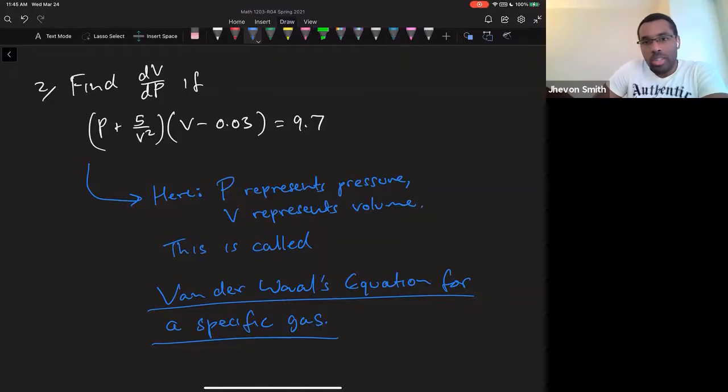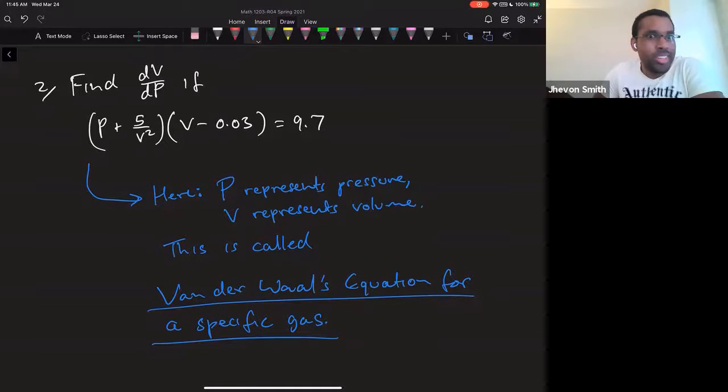So this is van der Waals equation for a specific gas. And at the end of the day, I want to know dV/dP. In other words, if I were to change the pressure of the gas, how fast would the volume change in response? So if I change the pressure from 1 atmosphere to 2 atmospheres, how fast does the volume respond? Does it change a huge amount?